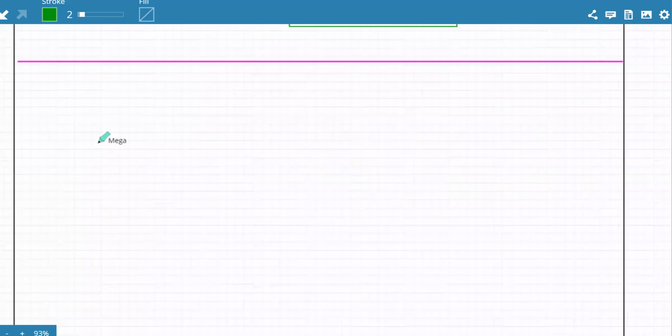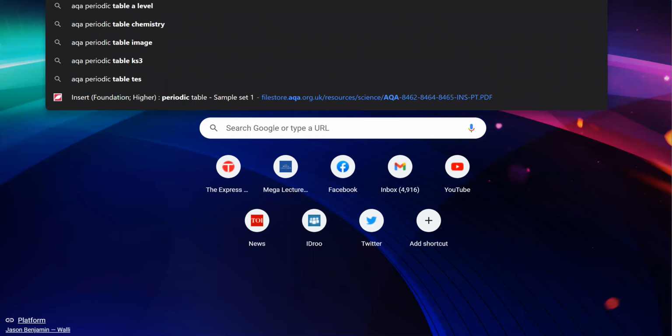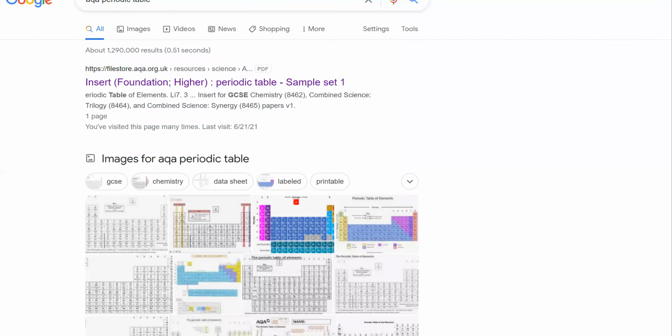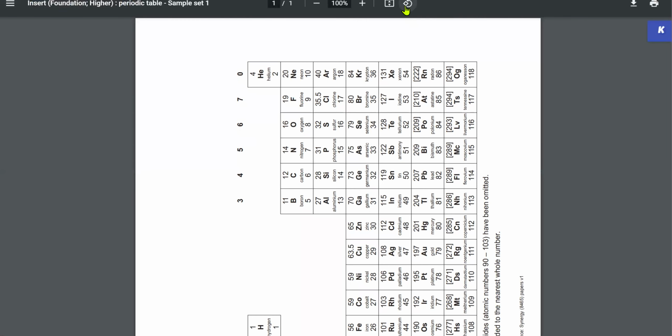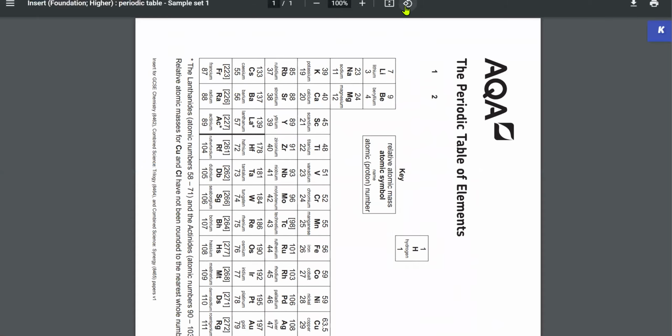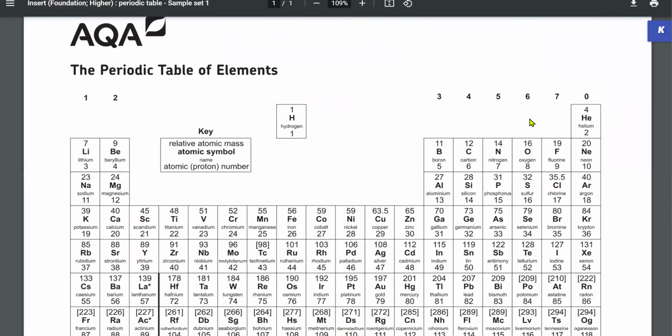I'm just going to open up a periodic table, and you can simply type AQA periodic table if you want to find one. Keep one with you, you can print it out. You're going to get a similar periodic table in your exam, so you don't have to memorize this.